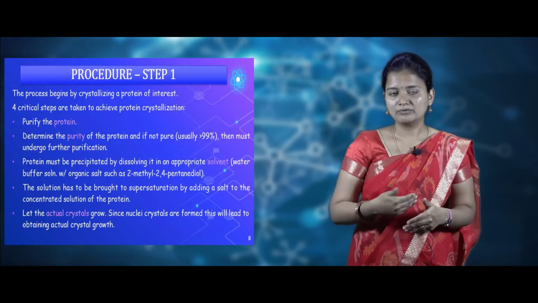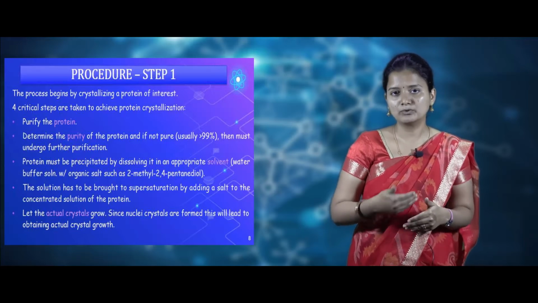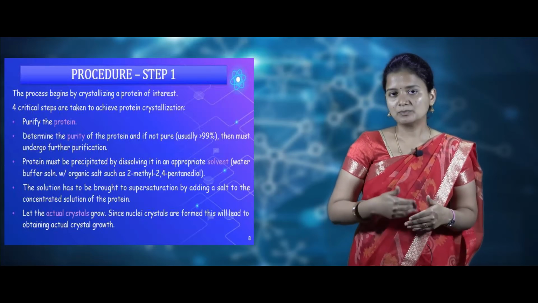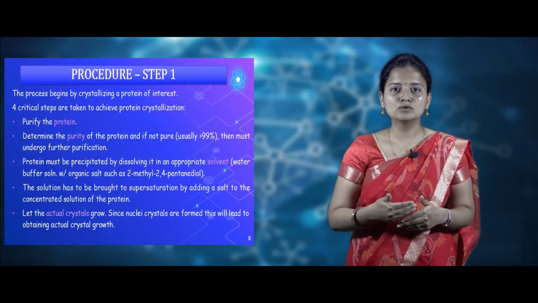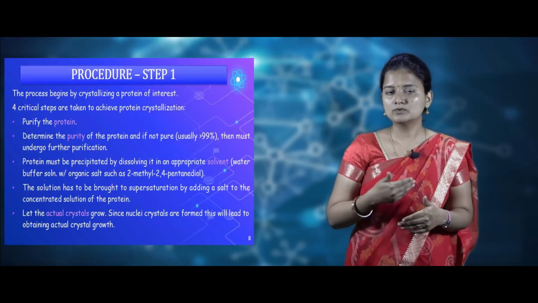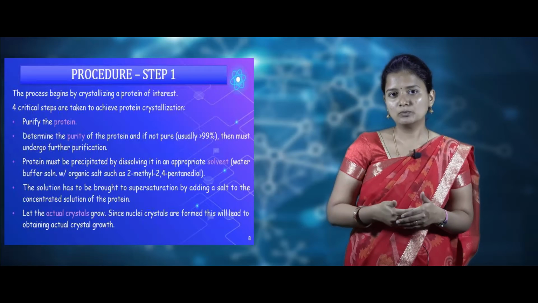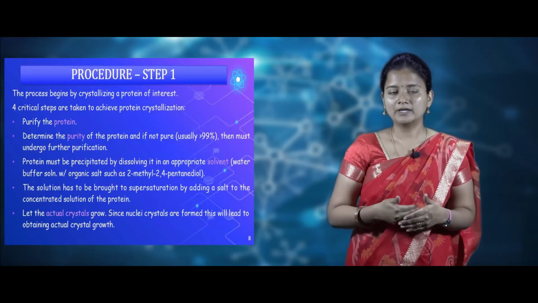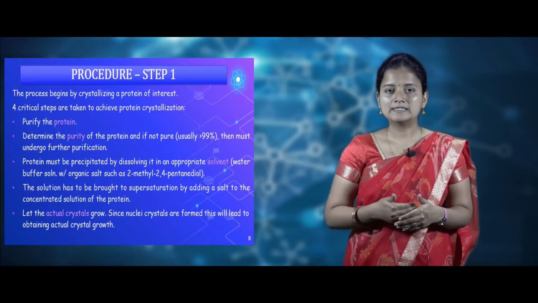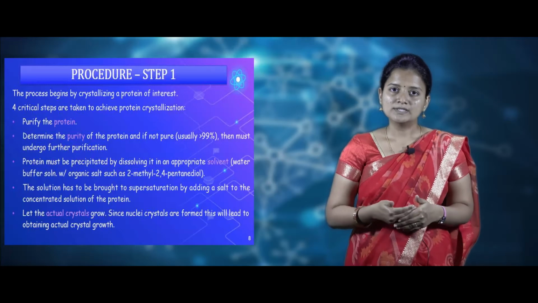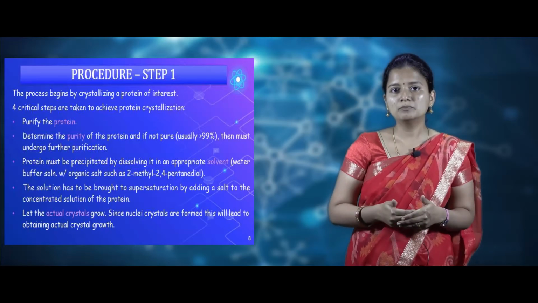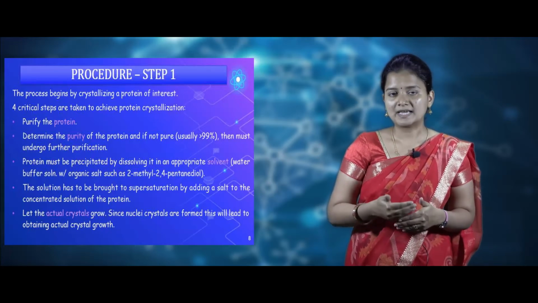Once the protein is purified, you have to precipitate it with a suitable solvent. For example, 2-methyl-2,4-pentanediol can be used as a solvent. Once you have done the precipitation, you have to make the solution supersaturated.